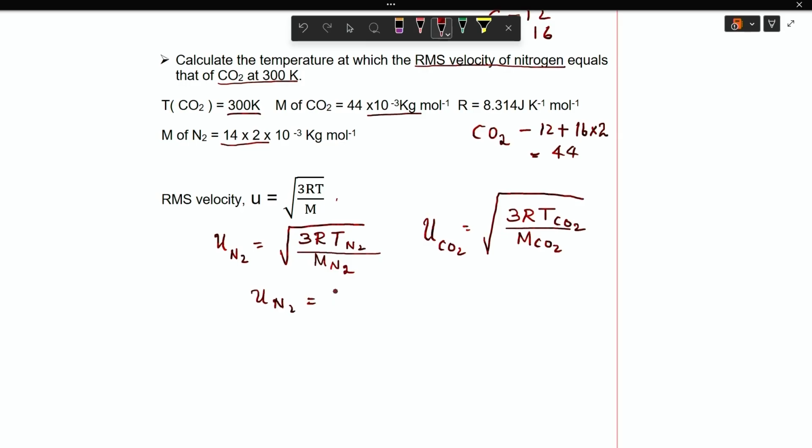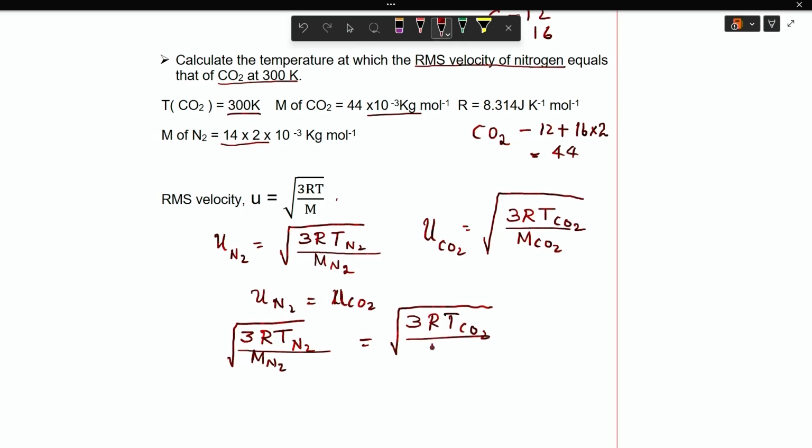I can equate both the expressions. That is, since I have to find out that of nitrogen, I will write nitrogen first: square root of 3RT of nitrogen divided by molecular mass of nitrogen to be equated to square root of 3RT of carbon dioxide, whole divided by molecular mass of carbon dioxide.